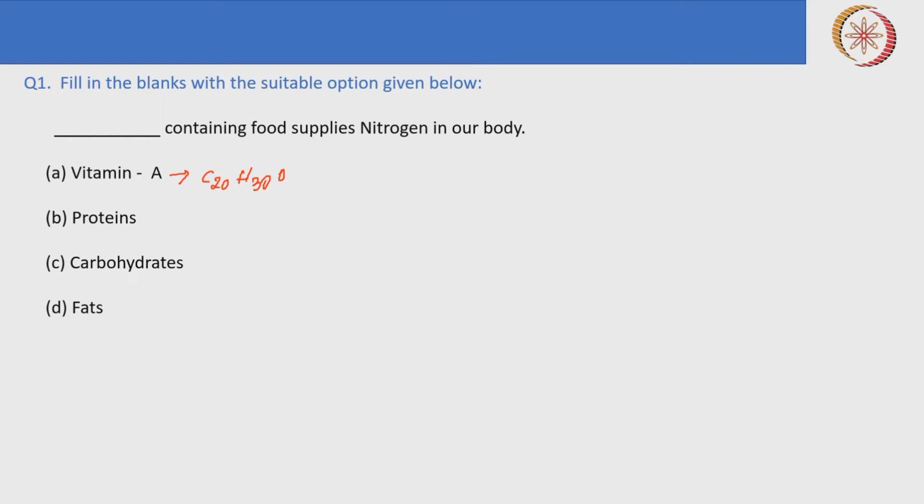That means vitamin A cannot supply nitrogen in our body, so A cannot be the answer.